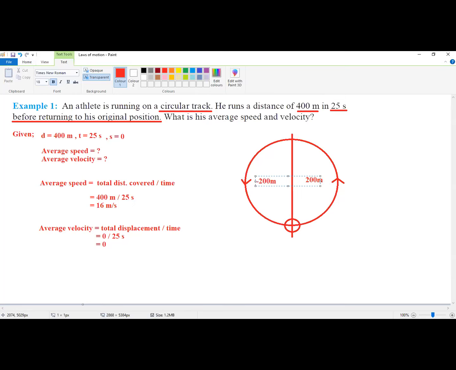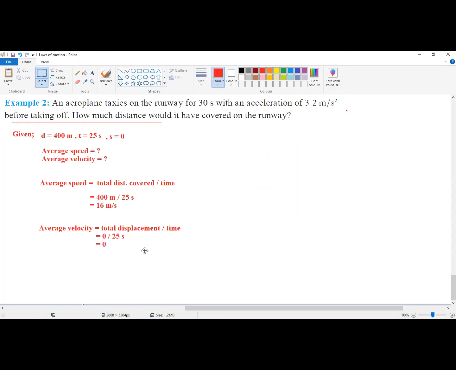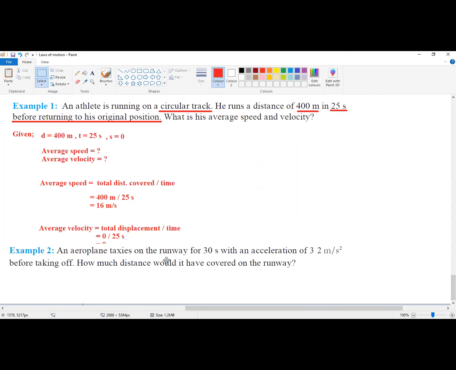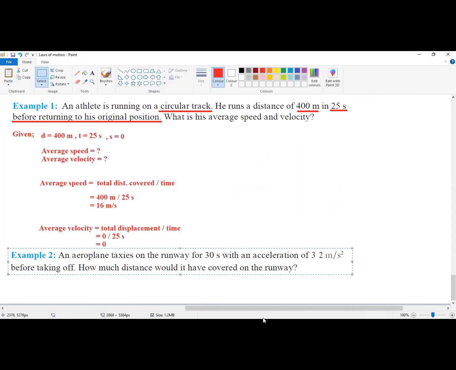So the total displacement comes out to be 0. Getting it? Yes, sir. So direction plays an important role over here. All right, our next example. Let's try to solve this one. See what is given.